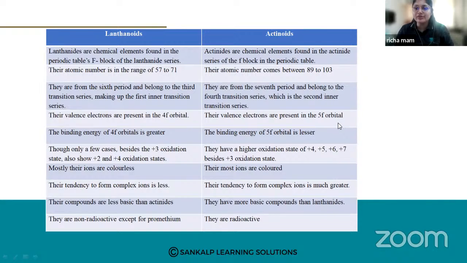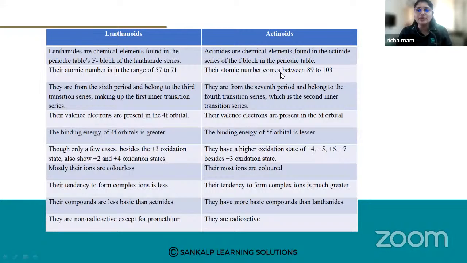When they occupy the 5f orbital, they are termed actinoids, and when they are put into the 4f orbital, they are termed lanthanoids. Very important.